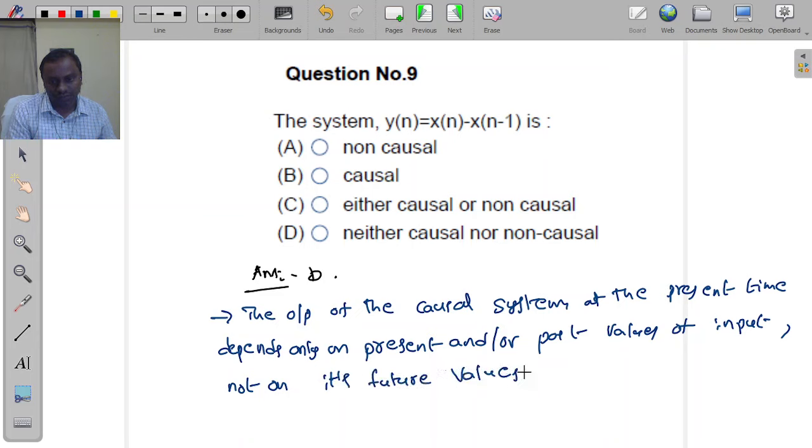Then such a system is called a causal system.